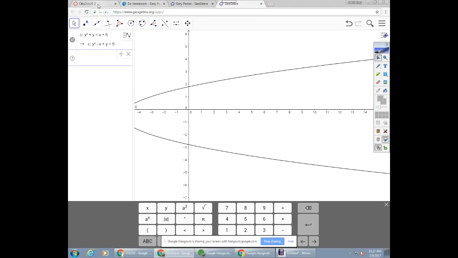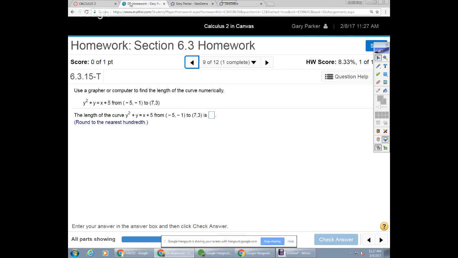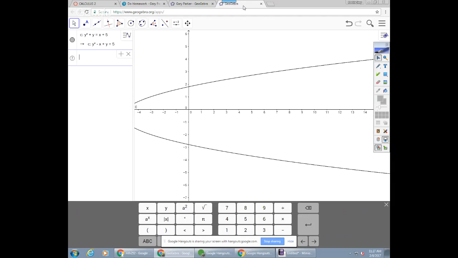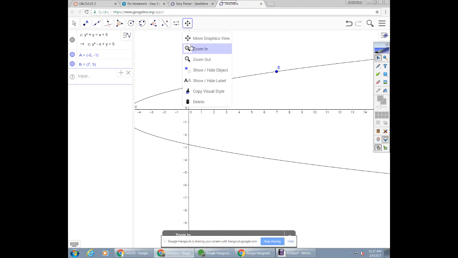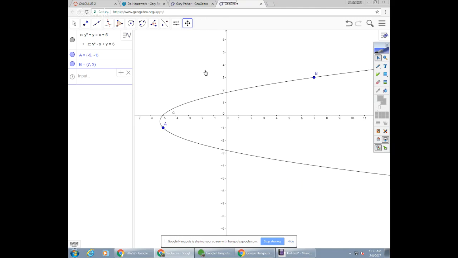Was it -5, -1, and 7, 3. So -5, comma, -1, and 7, 3. All right, let's move it so we can see. All right, so we're trying to find this particular arc length right there.